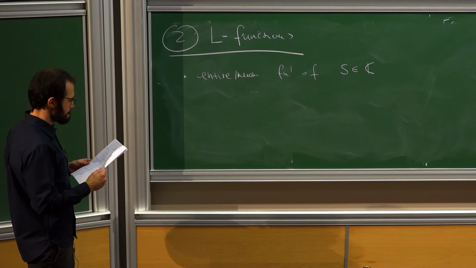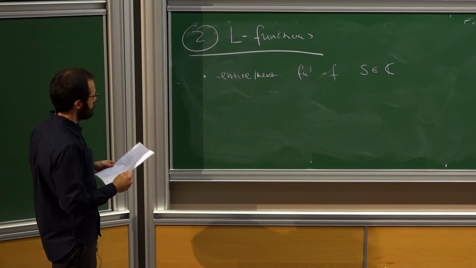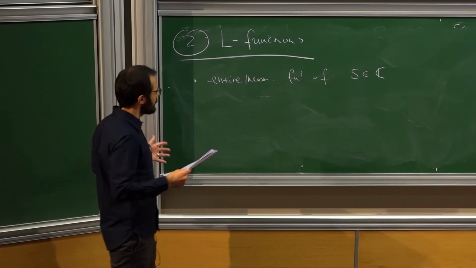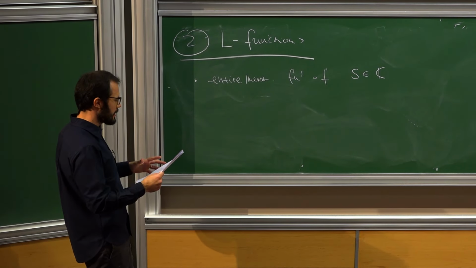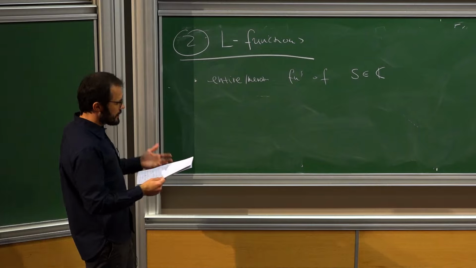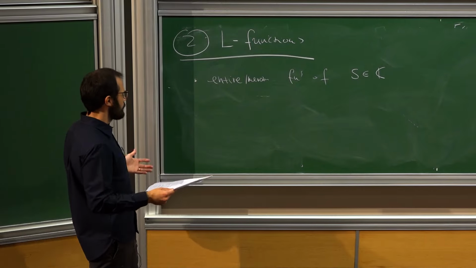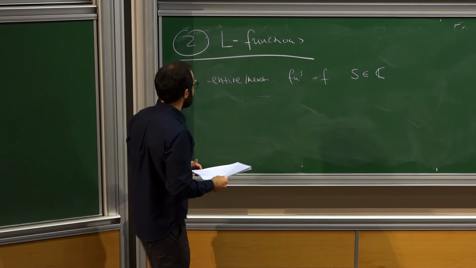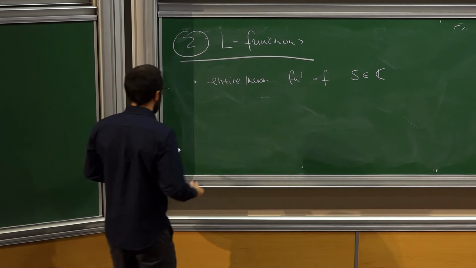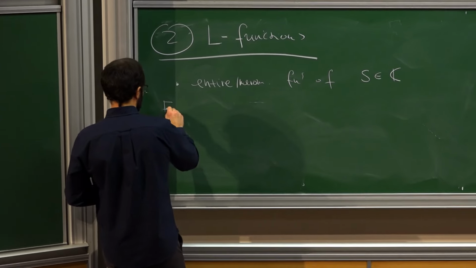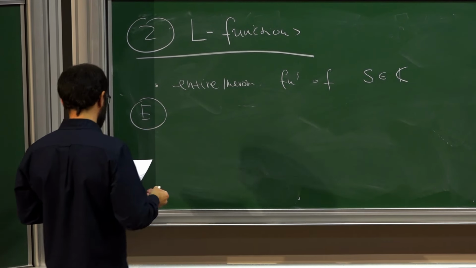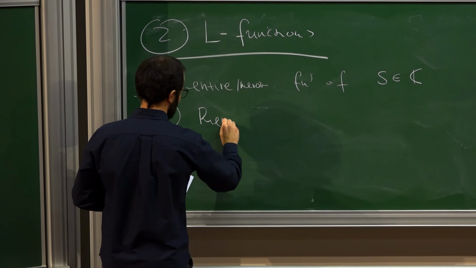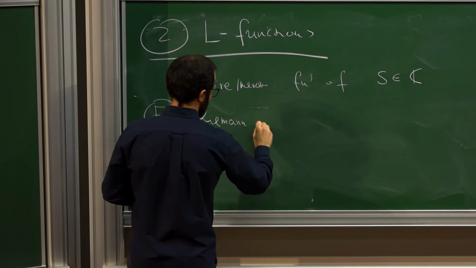But they arise very naturally in number theory, and they combine the right minimal set of ingredients to lead to very rigid, magical number theoretic objects which encode a lot of number theoretic information. So it's probably best to start with an example, which is the first L function that was discovered, the Riemann zeta.